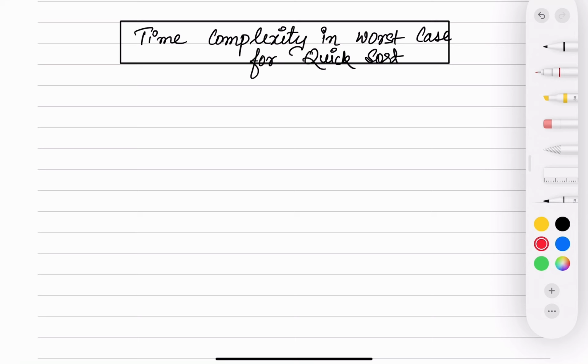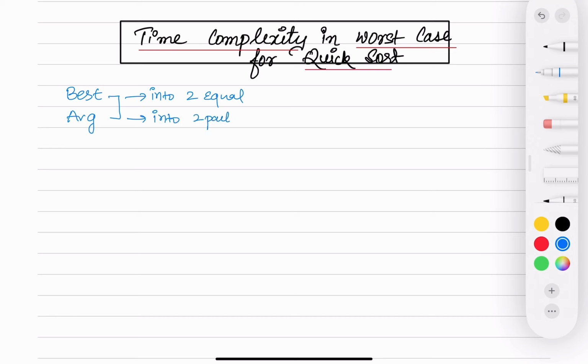In today's video, we are going to derive the time complexity of quicksort in the worst case scenario. In our previous video, we have already discussed the best case and the average case, and this occurs when the pivot element divides the array exactly into two equal halves, or into two parts which may not be equal.